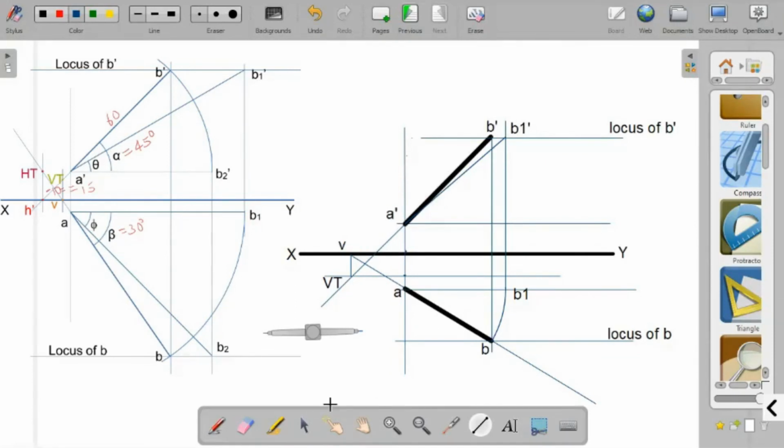Now, in order to get B2 dash, first locate this point. So this is point B2 dash.